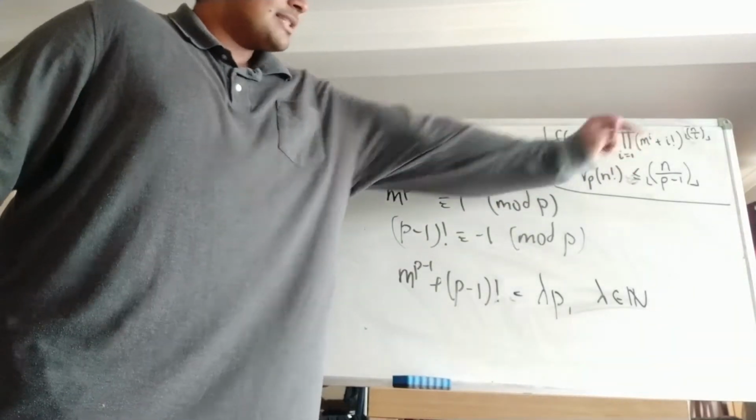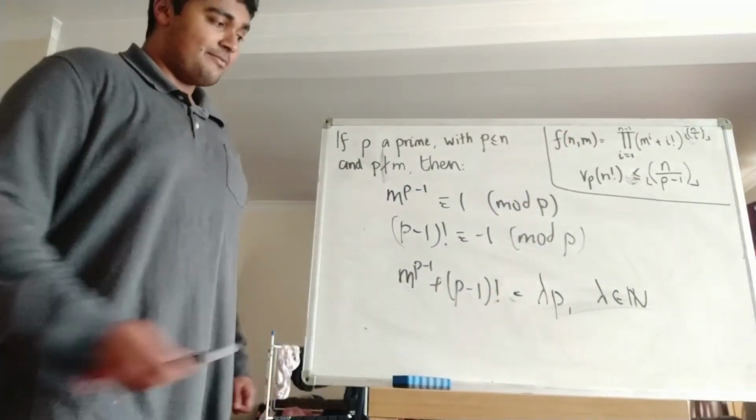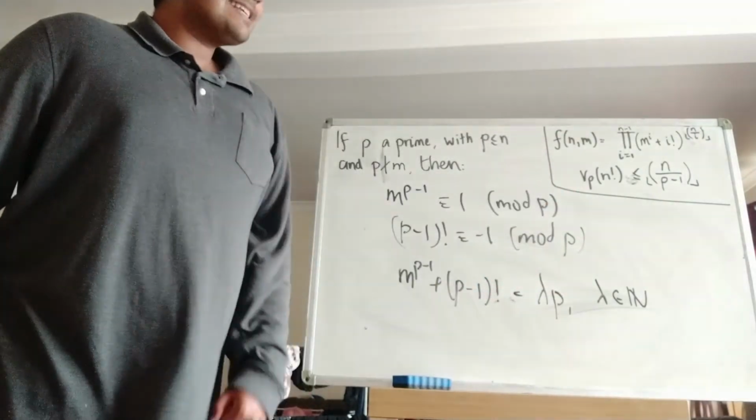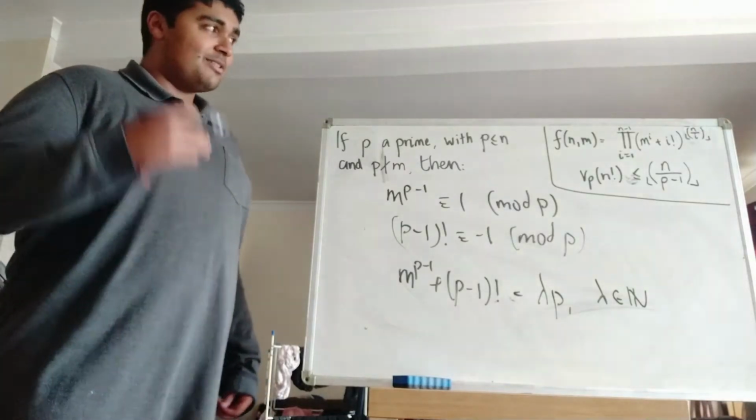But now notice that when i equals p minus 1, we've got m to the p minus 1 plus (p minus 1) factorial, which we know is a multiple of p. It's lambda times p, and then we're raising it to the floor of n over p minus 1 power.